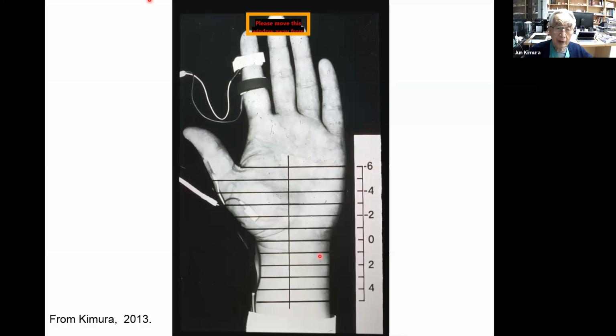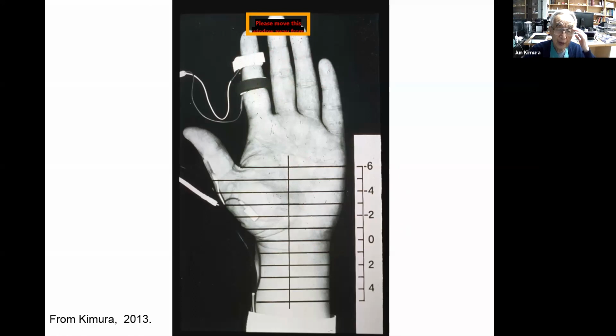Now, this is the old slide, my hand, and we are recording the antidromic impulse here. And we are stimulating the median nerve here 1 centimeter apart: 6, 5, 4, 3, 2, 1, and 0. 0 is the distal crease of the wrist.